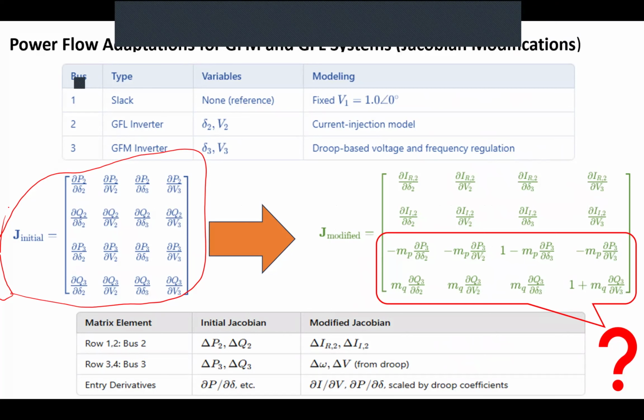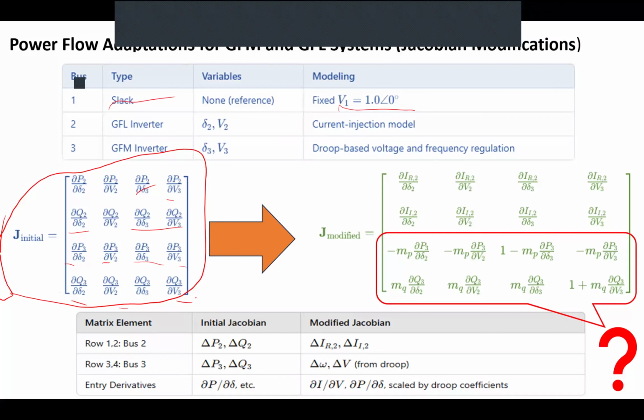This is the slack bus, so we know the V and delta, and we know that V is 1 per unit and delta is 0. Okay, so the Jacobian would be P2 over delta 2, P2 over V2, and same for delta 3 and V3, Q for them, P3 over those unknown variables, and Q3 over those unknown variables.